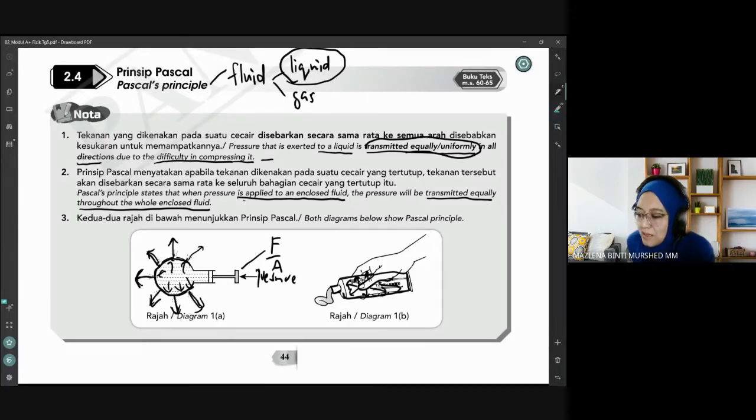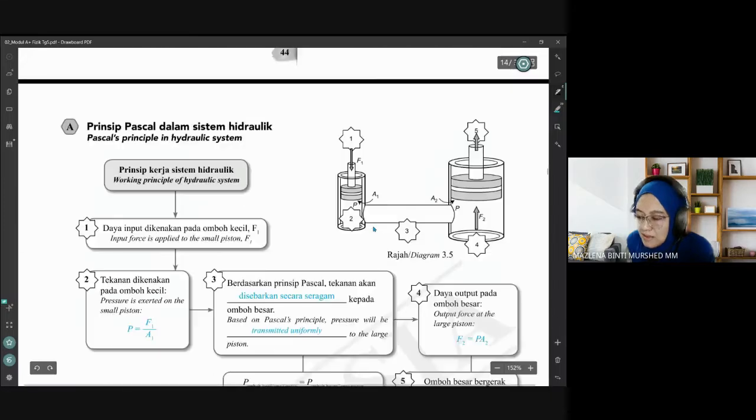Alright. So let us look at the application of Pascal Principle in a hydraulic system. Since you know that this hydraulic system, dalam ni kita mesti ada fluid, mesti ada fluid. Fluid ni biasanya dalam piston, sistem hidrolik, we use oil, oil.